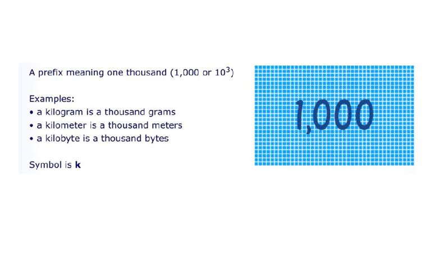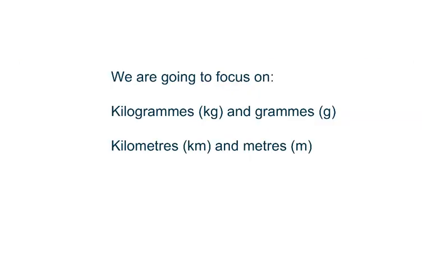Now, I want you just to look at that. I've used this for a particular reason. If you look at the spelling of the words grams, kilogram and also metres, whilst this conversion is accurate, I want you to be really careful with the spelling. The spelling that I want you to use is this spelling here. So really make sure that if you're going to write the word out, you use the correct spelling.